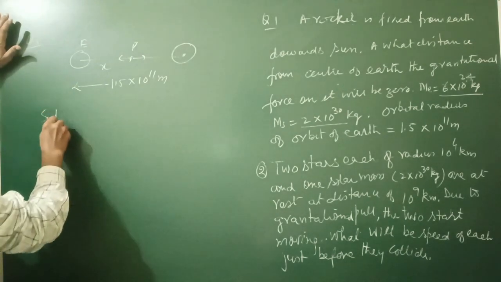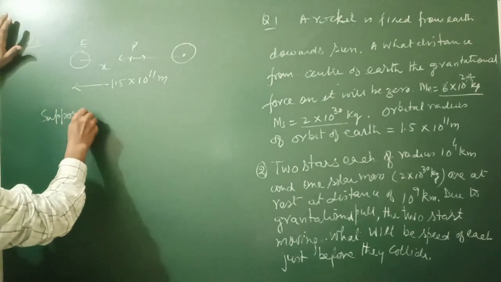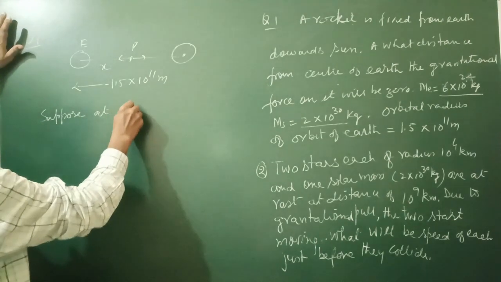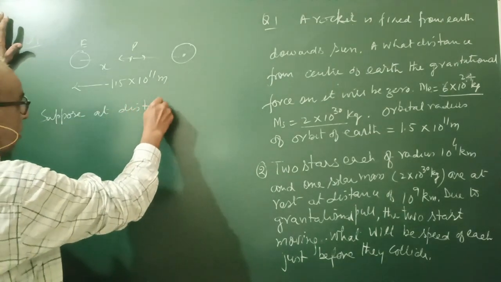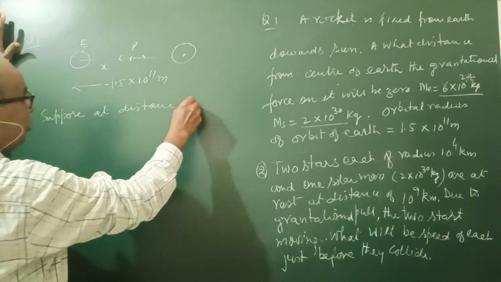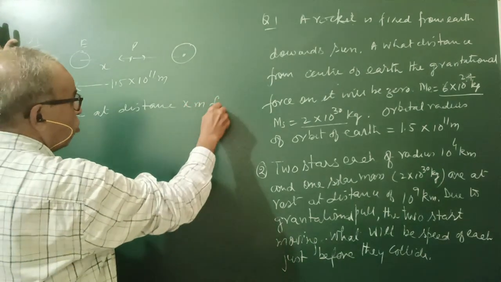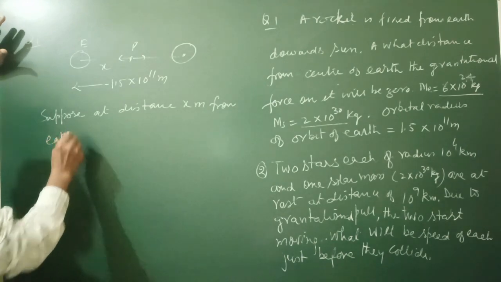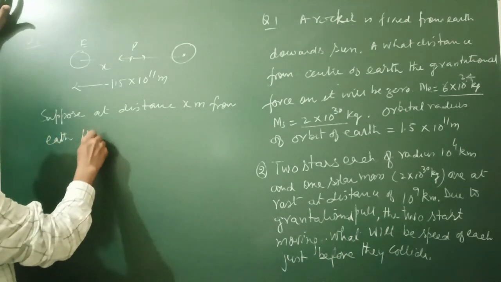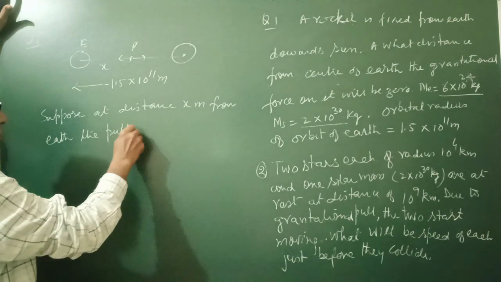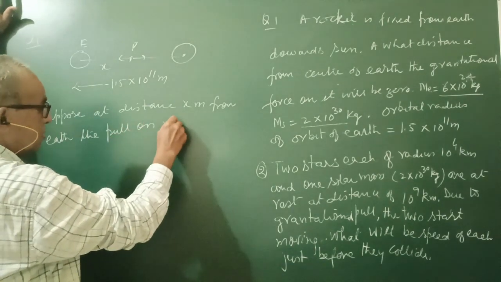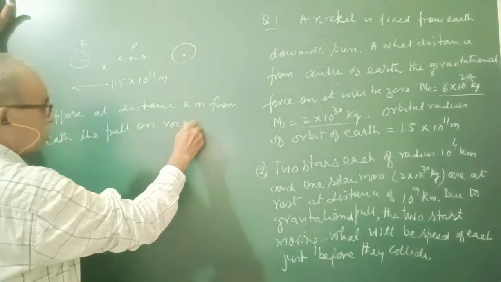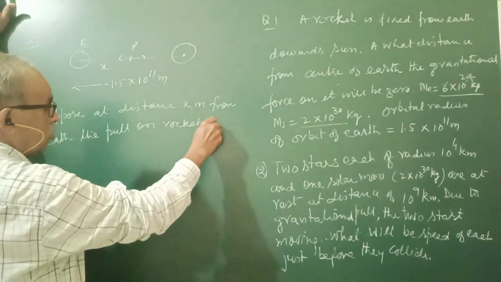Suppose at distance x meter from earth, the pull on the rocket is zero.